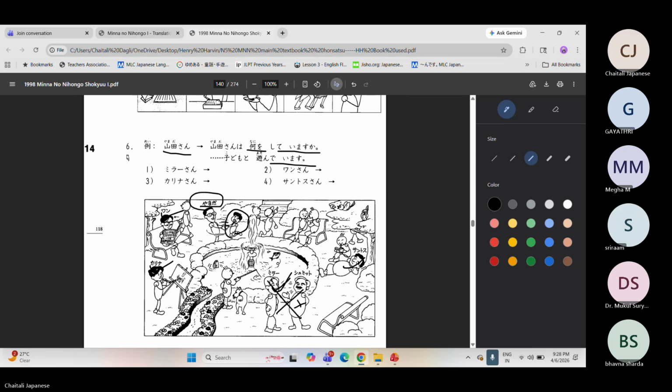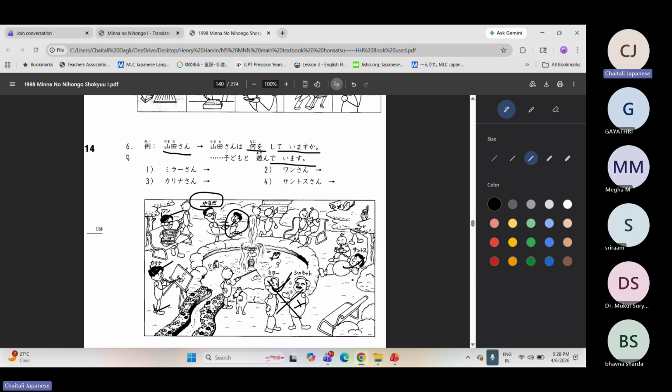Yes, ma'am. Third, Karina-san. Karina-san is here. She's painting. Karina-san wa nani o shite imasu ka? Your answer will be e o kaite imasu. She's painting. Kakimasu is to write or draw. So e is painting.